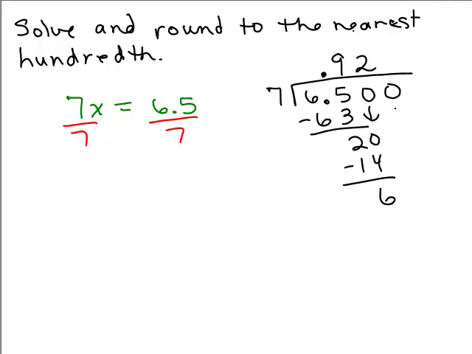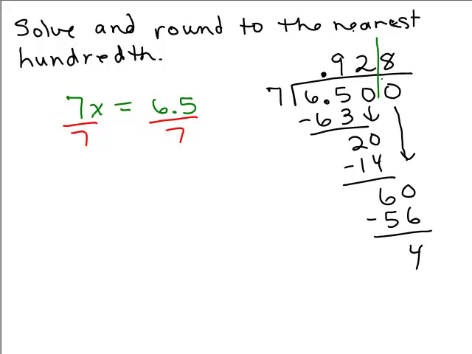And then we'll bring down the next 0. And then 7 goes into 60 eight times, which is 56. And you could stop at that point, and we're ready to round.